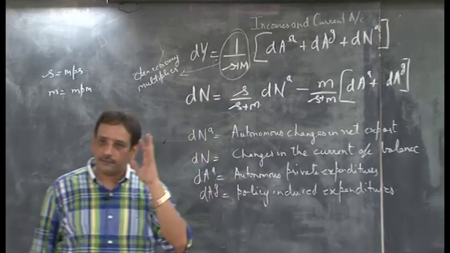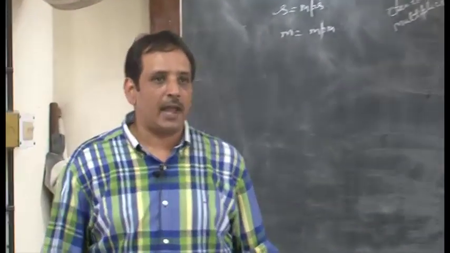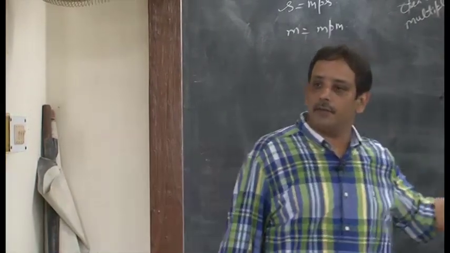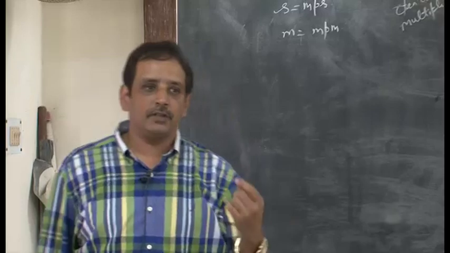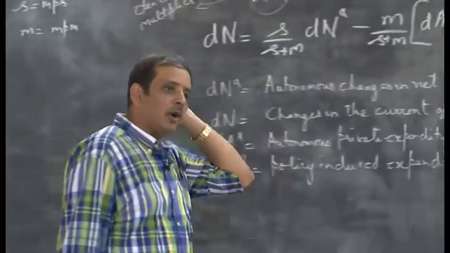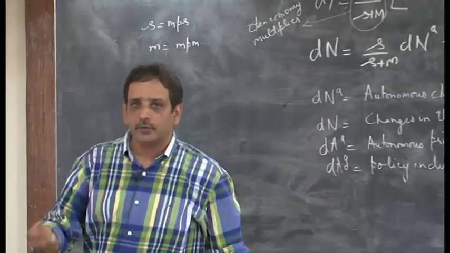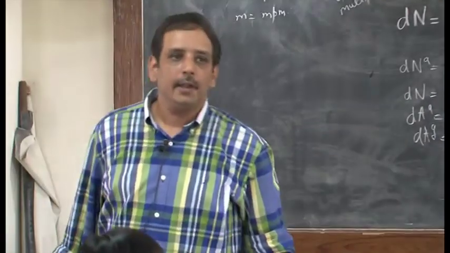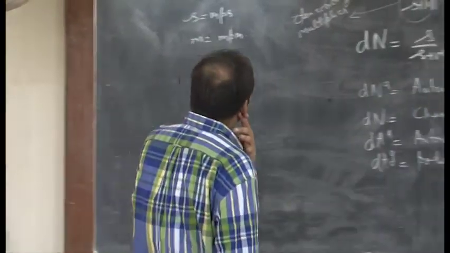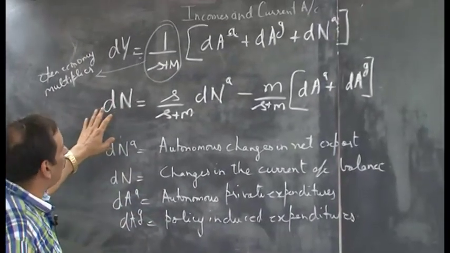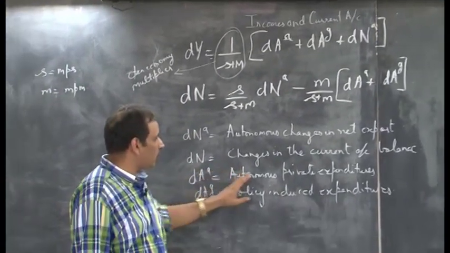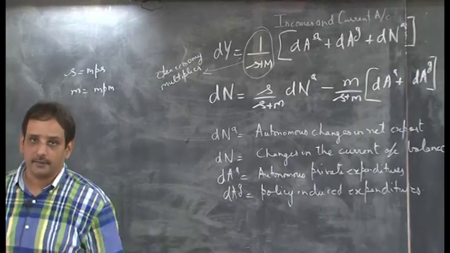So, think of this in a manner that, say for example, we introduce another country which is, say, Japan, and this is US, or your country is India, and you introduce India's major trading partner now as China. Now think of what happens if there is a change in the autonomous private expenditures in India.